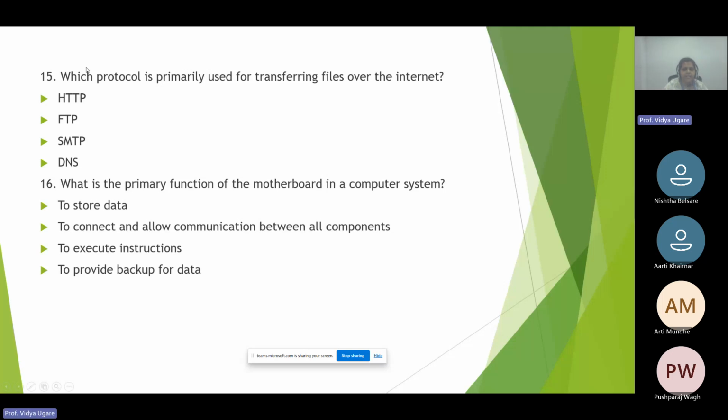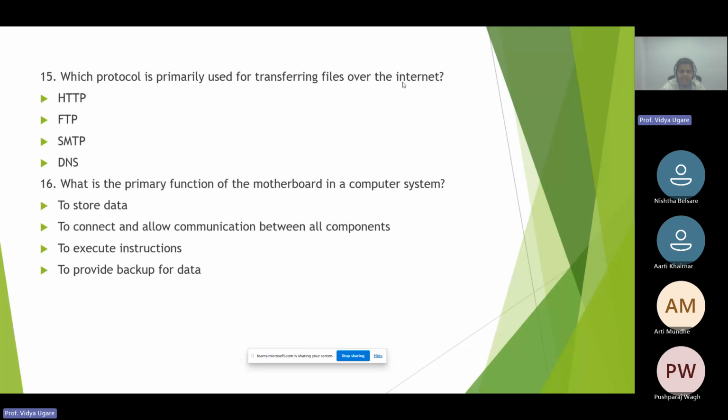Which protocol is primarily used for transferring files over the internet? It's FTP, because whenever we say a file, it is file transfer protocol.